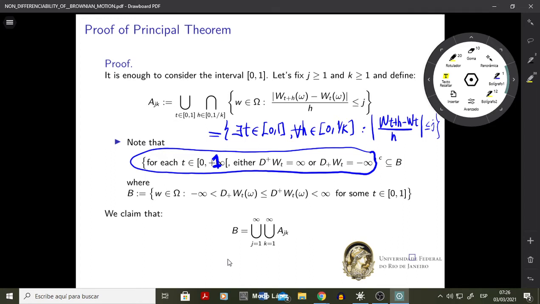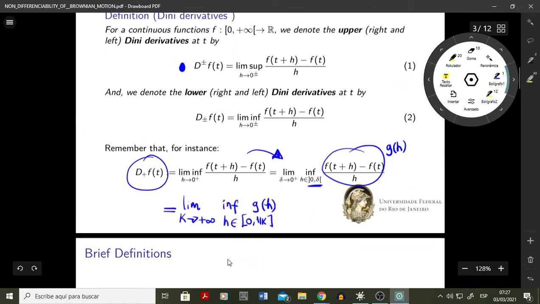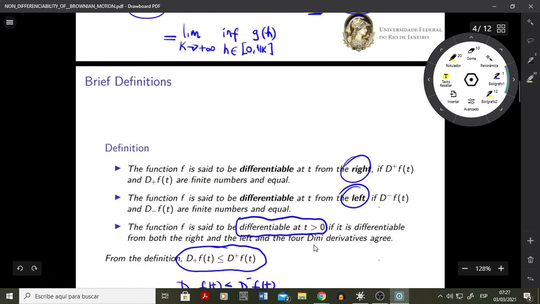So if this quotient is bounded above and below in this neighborhood, as a function of h, the lim sup and the lim inf will also be bounded. That's the reason. Just remember the definition here.